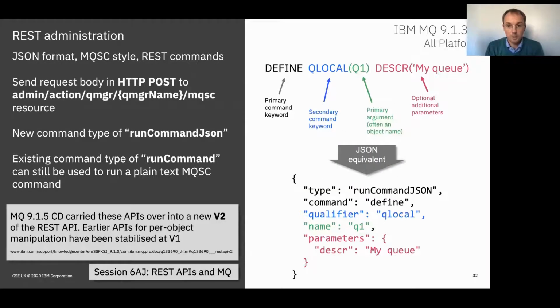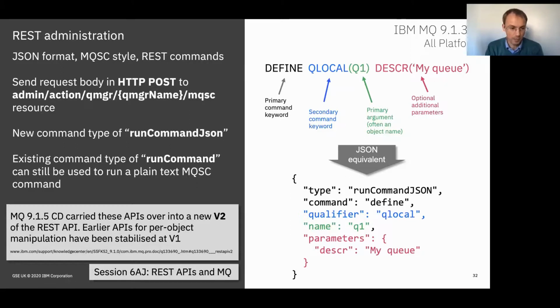So if we look at REST in a little bit more detail, we started off providing some bespoke REST APIs for certain types of objects, but then we decided to change our approach and just support MQSC statements in general. Initially, the MQSC REST API took the command as a single string, similar to how you would type it into MQSC. And then you would get the output as a single string that you'd have to parse.